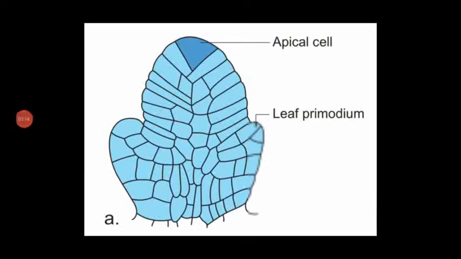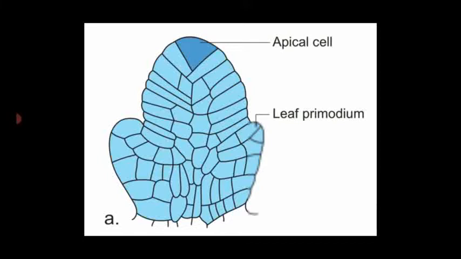Dear students, see the diagram. This is the apical cell theory. So this is said to be the leaf primordium at the base. Then at the tip, they are having the shoot, that is stem.